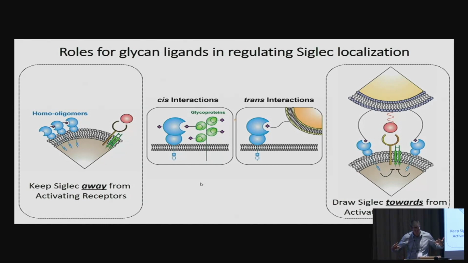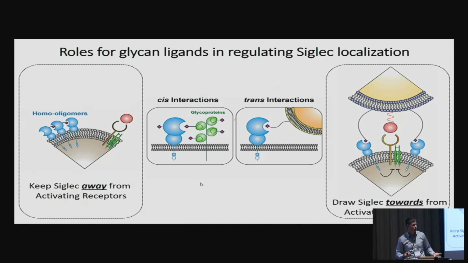So they're just forcing the two receptors together. And remember, proximity. So in this paradigm, we can think of cis interactions as keeping away and trans interactions as bringing together. One way we think about this is that the cis ligand interactions are keeping the siglec away so that it can be ligated to its receptor when it needs to.